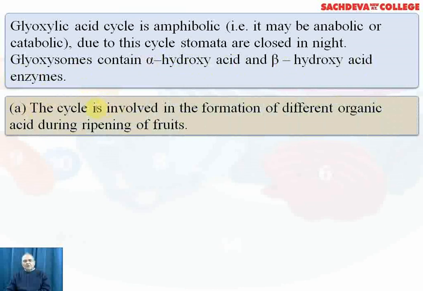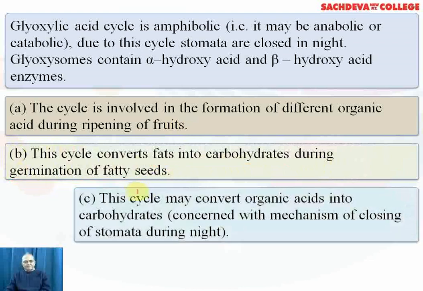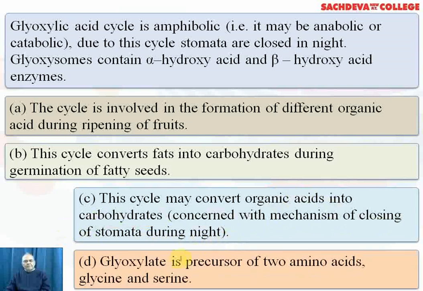The cycle is involved in the formation of different organic acids during the ripening of fruits. This cycle converts fat into carbohydrate during the germination of fatty seeds. And it also converts organic acid into carbohydrates, which is concerned with the mechanism of closing of stomata during the night.